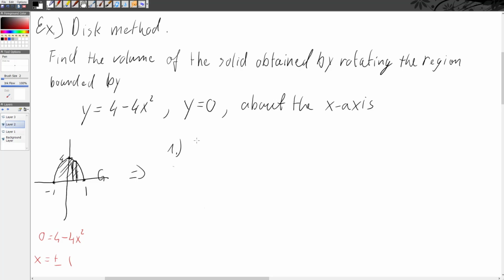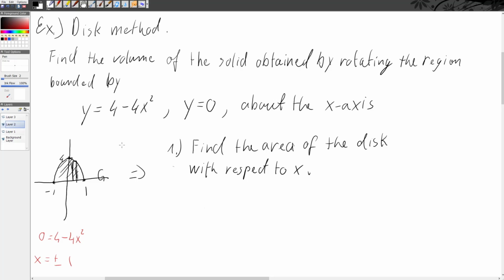Then next step, find the area of the disk with respect to x. Well, this disk has a radius that's given by, so the disk intersects the graph right there at that point.